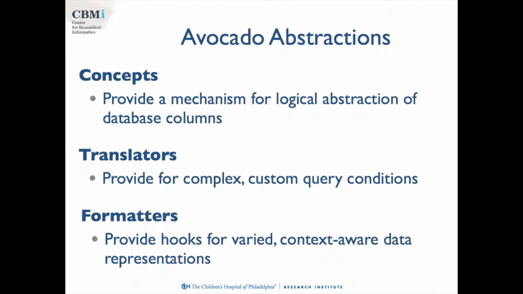We have concepts, which are really the logical abstraction of database columns. We have translators, which are a way to provide very custom query conditions, and we have formatters that allow you to have context-aware data representations. And all this is very general, so I'll give you a few examples, and it should become clearer.